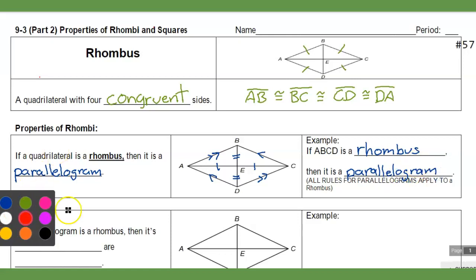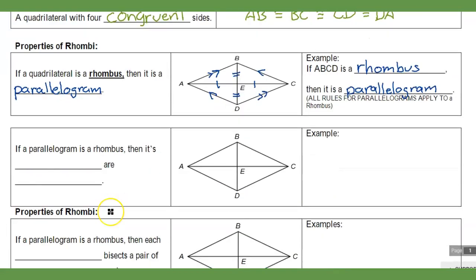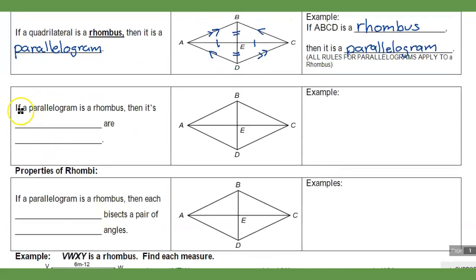All right. And what is unique to the rhombus? Look at those. So if it's a rhombus, then the diagonals what? They're not congruent. Sorry, we still have one that's long, one that's short, but they are perpendicular.